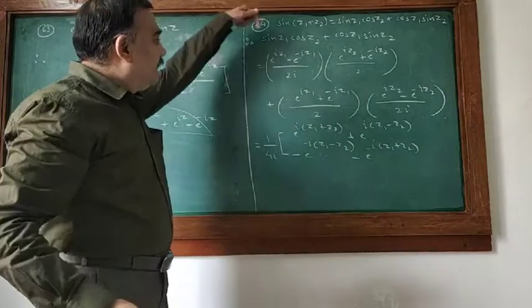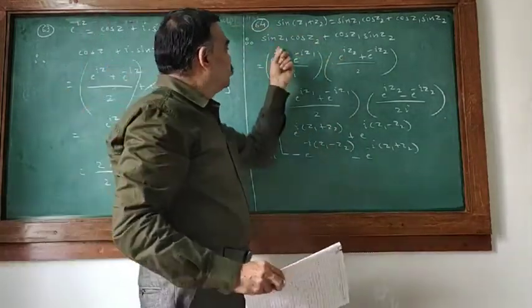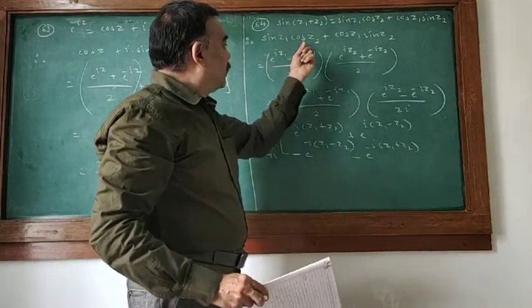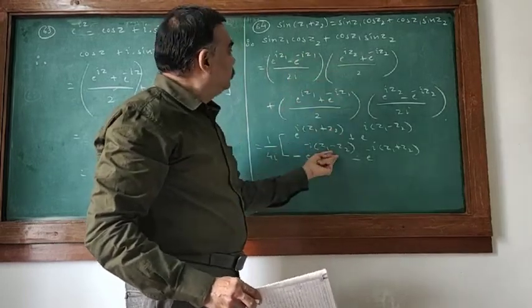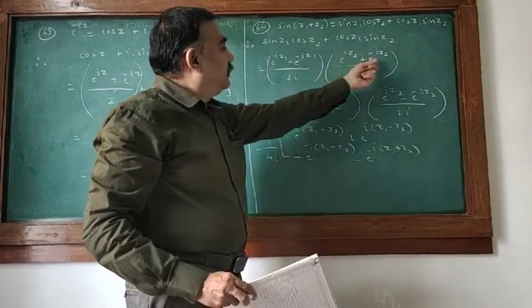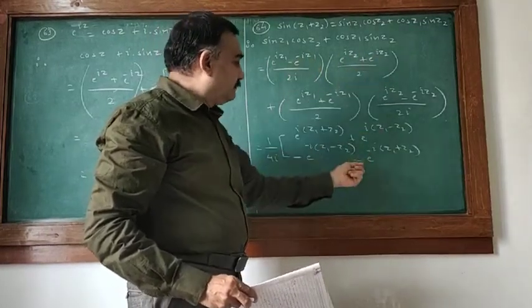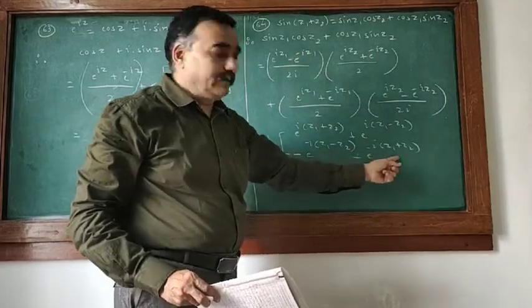How is it? e raised to i(z1 plus z2), e raised to i(z1 minus z2), minus e raised to minus i(z1 minus z2), and lastly minus again, so e raised to minus i is in common, giving e raised to minus i(z1 plus z2).